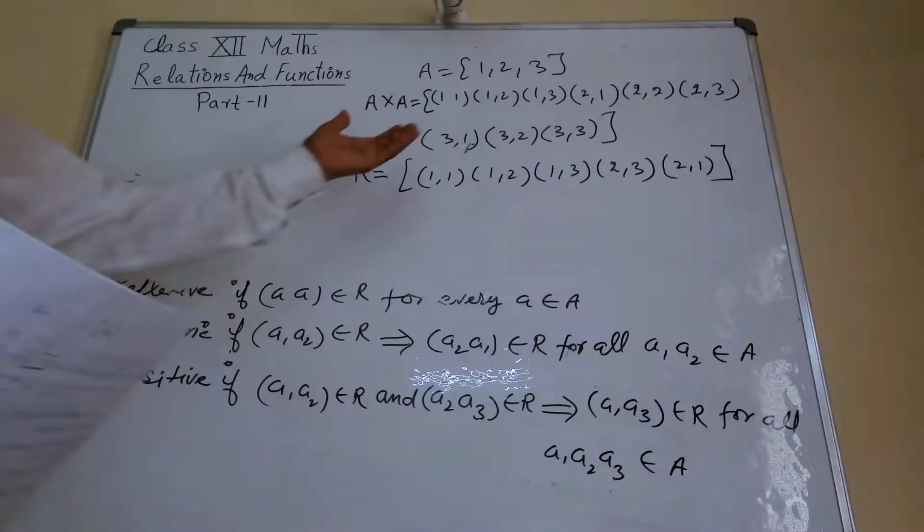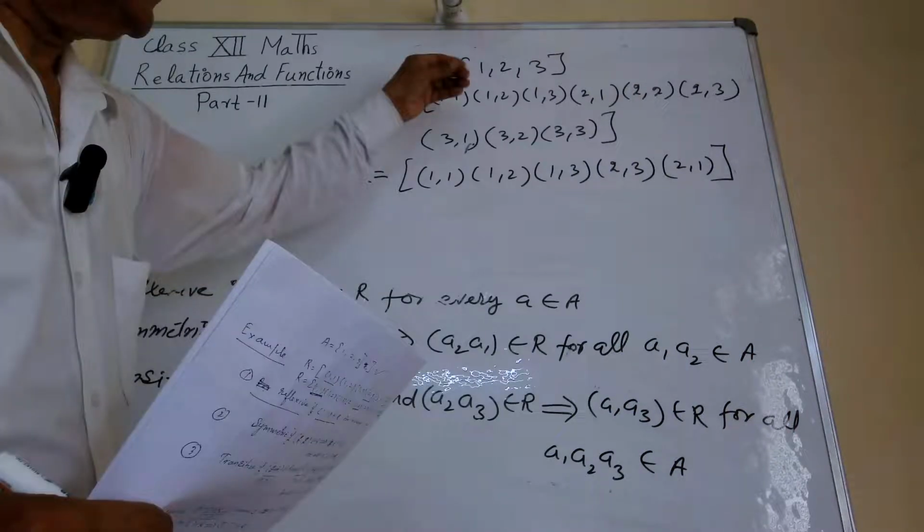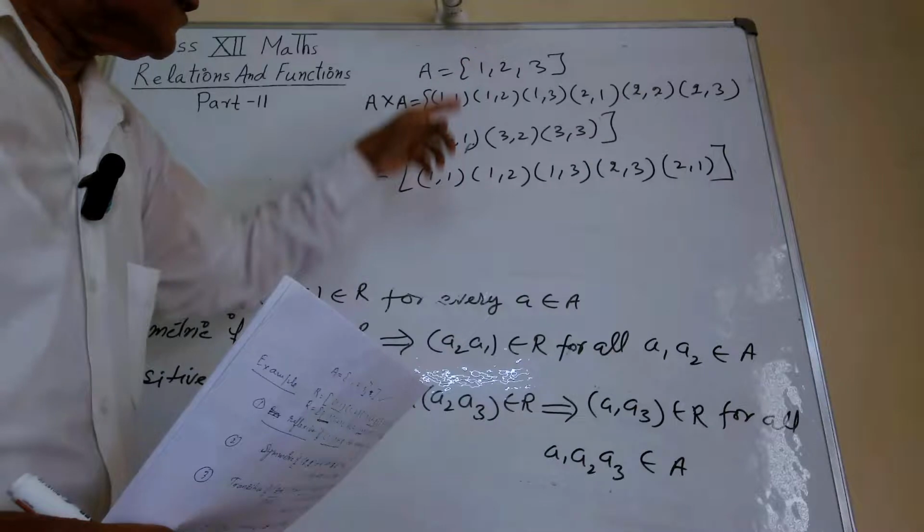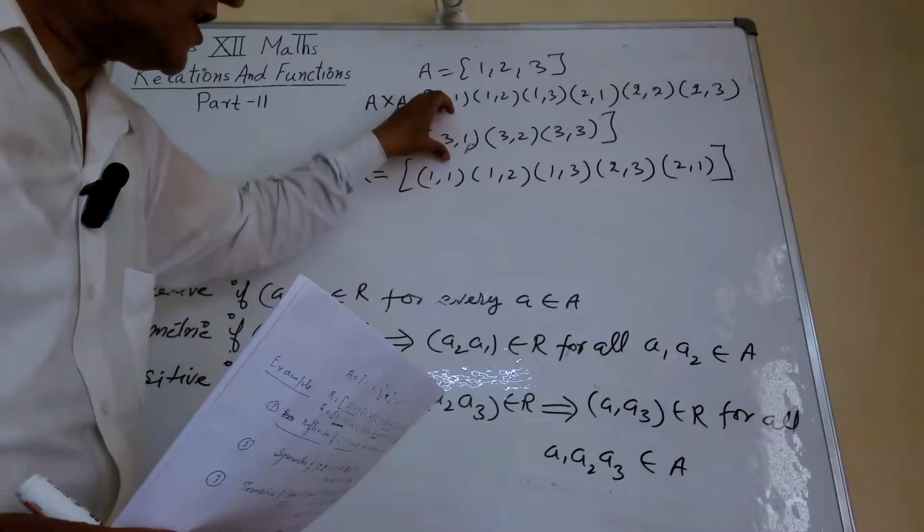This is the relation. I have taken a relation R from this Cartesian product.